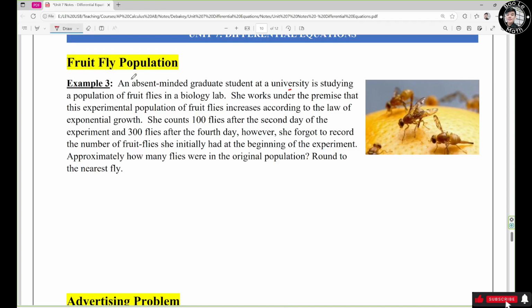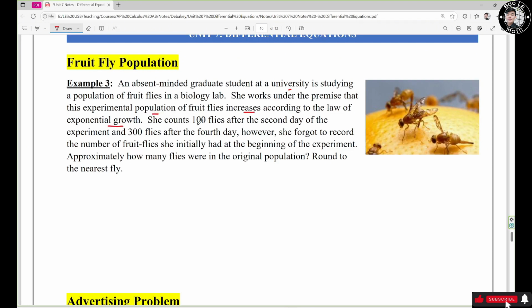Now let's move on to sample number 3. An absent-minded graduate student at a university is studying a population of fruit flies in a biology lab. She works under the premise that this experimental population of fruit flies increases according to the law of exponential growth.